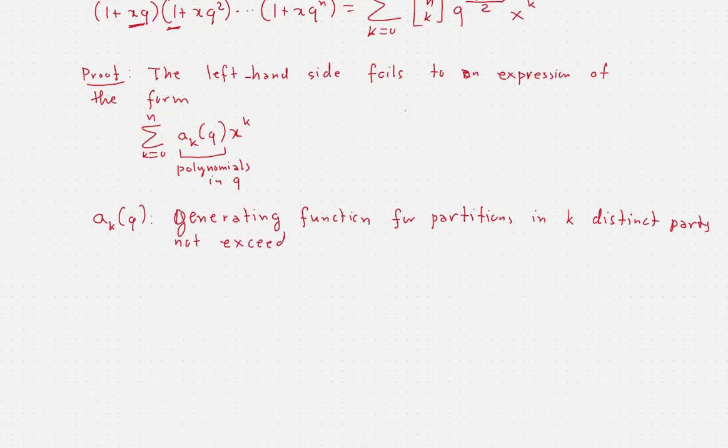So in other words, what we have is k numbers that are between 1 and 10. And let's suppose that we arrange them into an increasing sequence like this.